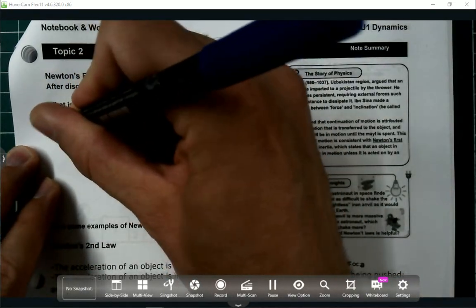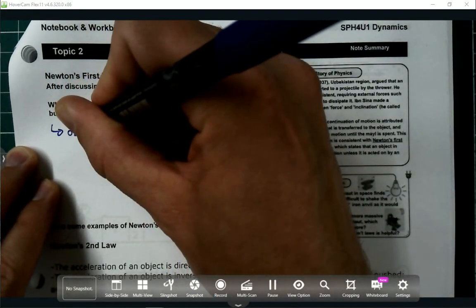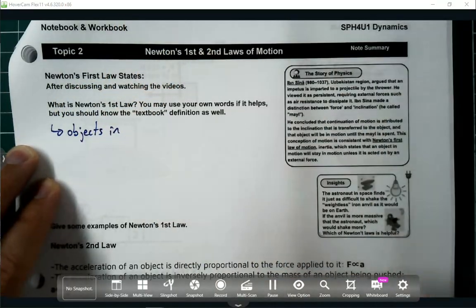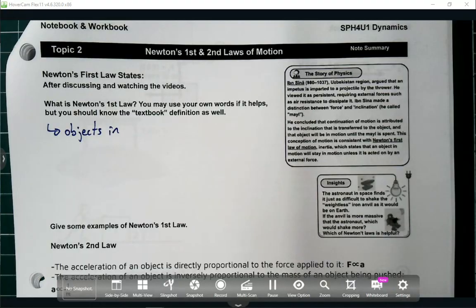Objects in motion. Let's put it in writing. And this isn't like Newton's original Latin or anything, right? Because I don't speak Latin.